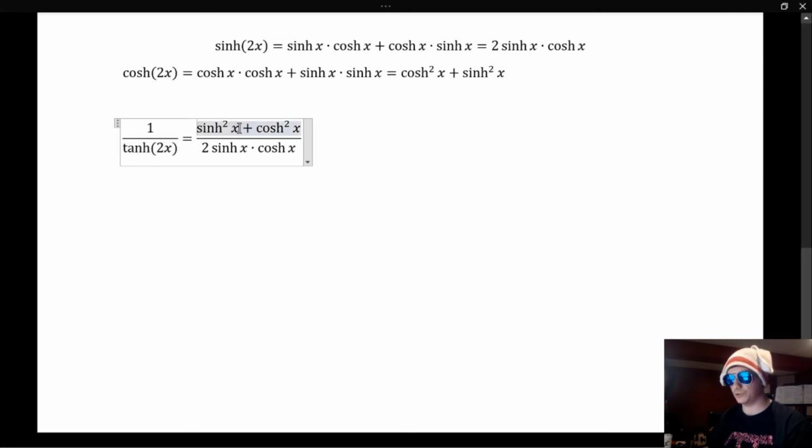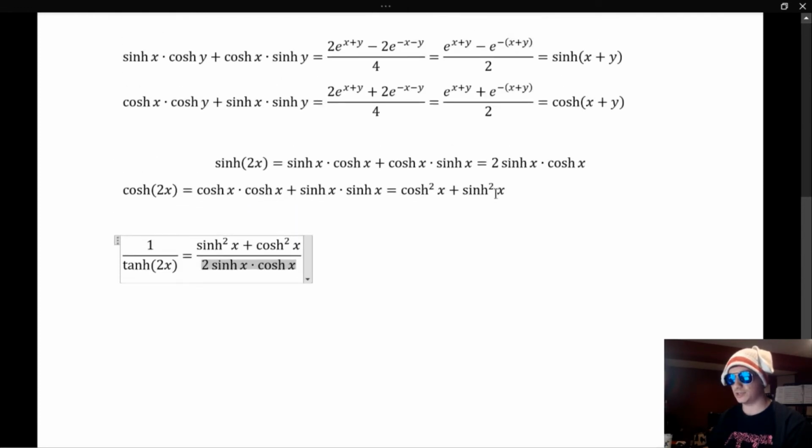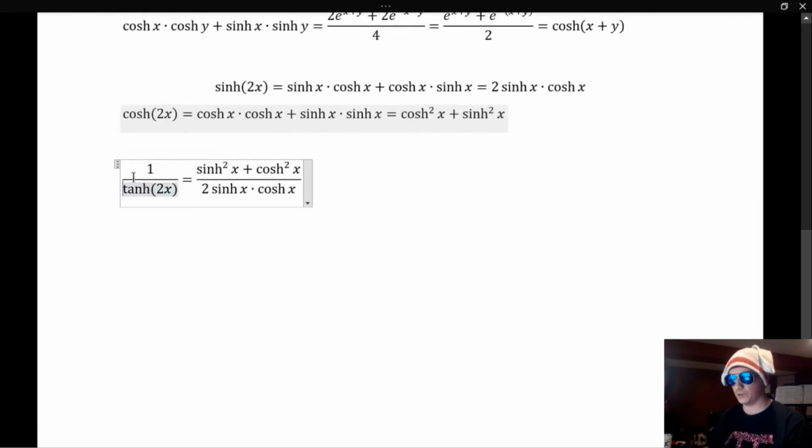This is equal to sinh squared x plus cosh squared x divided by 2 sinh x cosh x, because 1 over tanh 2x is cosh 2x divided by sinh 2x. And these are the formulae for cosh 2x and sinh 2x.